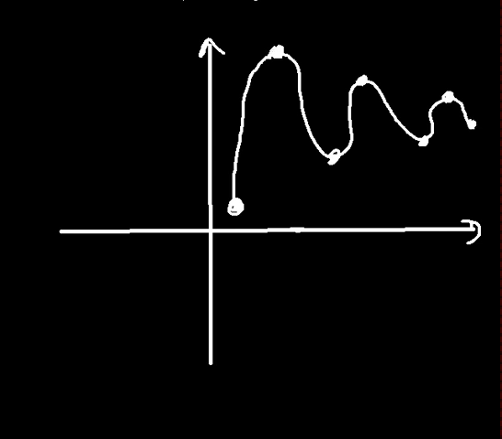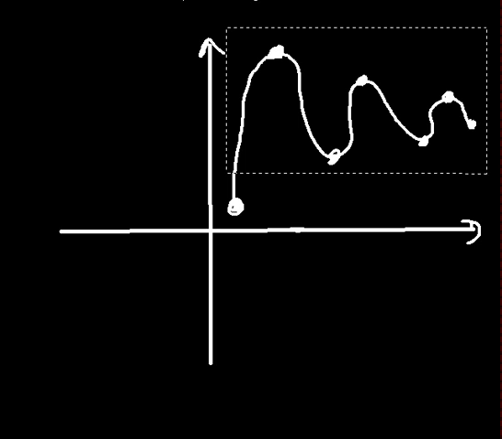Now for this case, the only highest point is this point, and thus it is the absolute maximum point, and this is the only lowest point, therefore that is the absolute minimum point. And now on the remaining points, this is the highest point, that is local max, and this is the lowest point, that is said to be the local minimum point. We just have to keep that in mind.